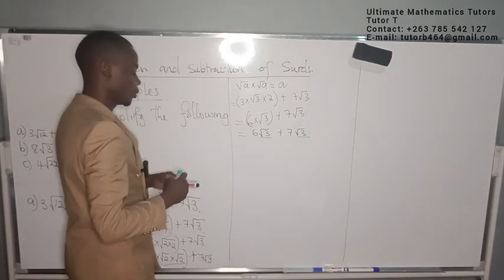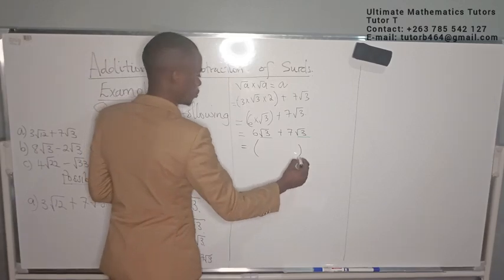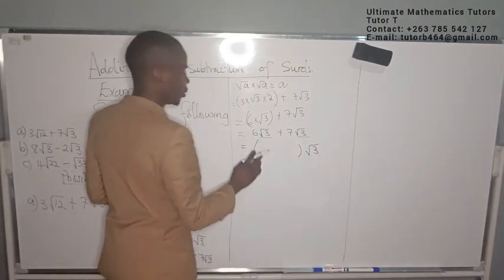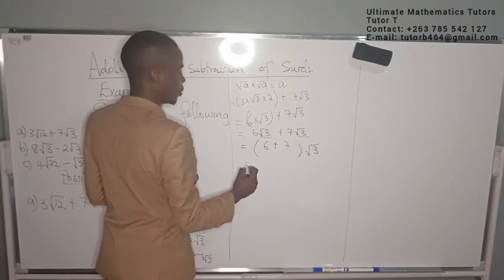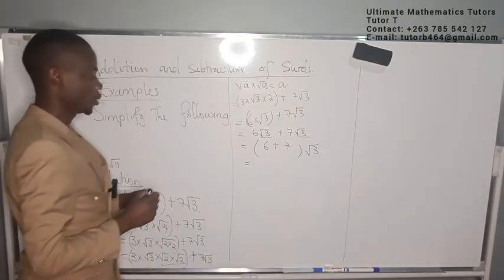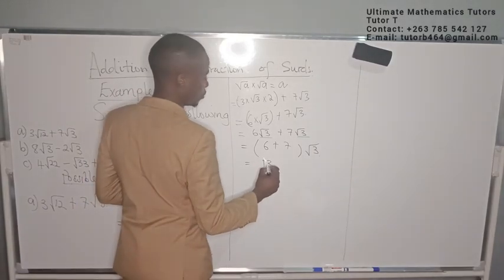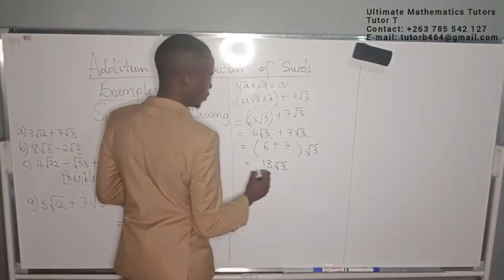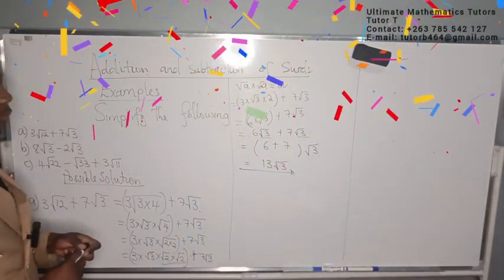So now open your bracket, write your root of 3, which is common. You're left with 6 plus 7. What is 6 plus 7? 6 plus 7 is 13, so 13 root of 3. That is our final solution.